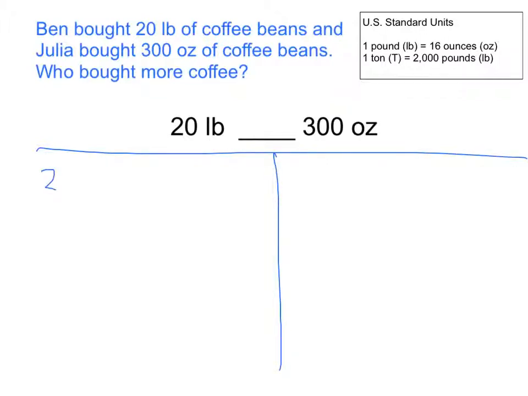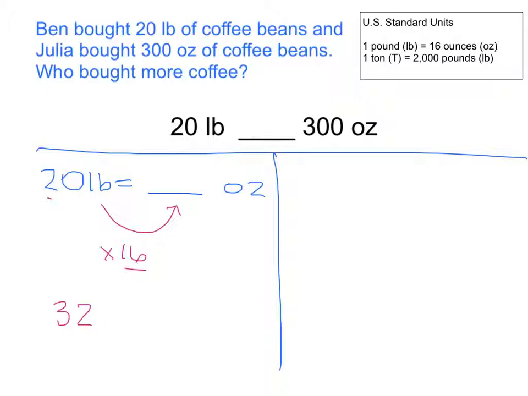20 pounds. If I want to change 20 pounds into ounces, I have to think to myself, which is the larger unit, pounds or ounces? And I know that ounces is the smaller unit. Pounds are larger. So when I go from pounds to ounces, I'm going to be multiplying by 16. I know that 2 times 16 is 32.